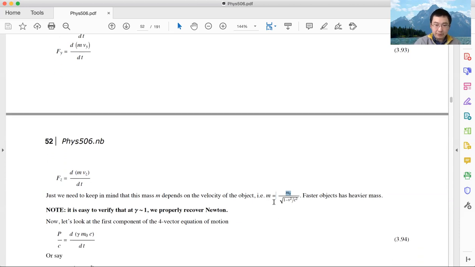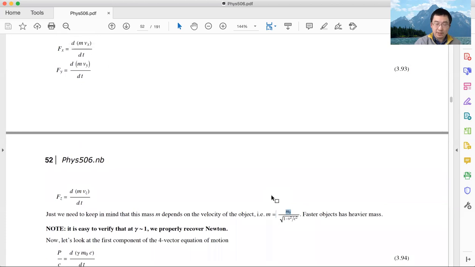So in summary, Newton's law more or less survived, except that we need to keep in mind that the mass is not our old physics constant anymore. The mass depends on velocity in this way. The rest mass is still an intrinsic property of the object; it doesn't matter which reference frame we are using. But the mass depends on the velocity in this way.